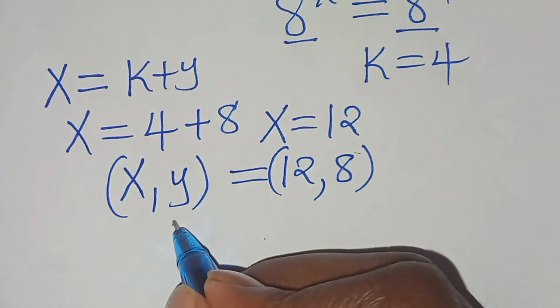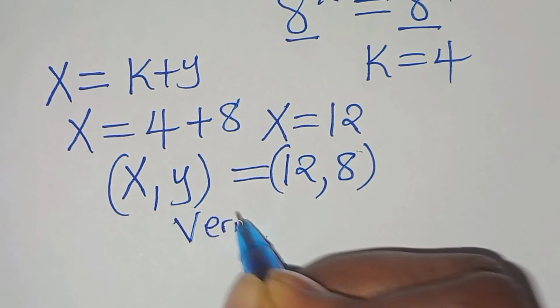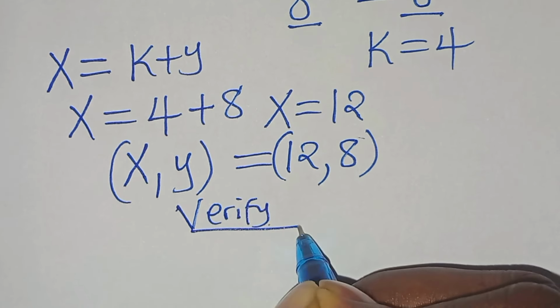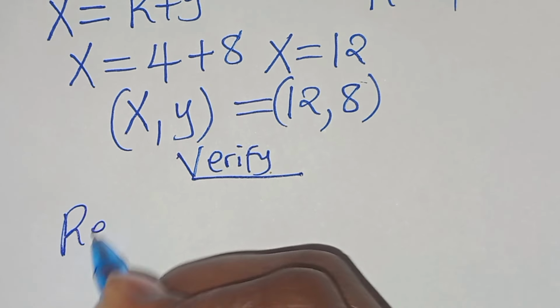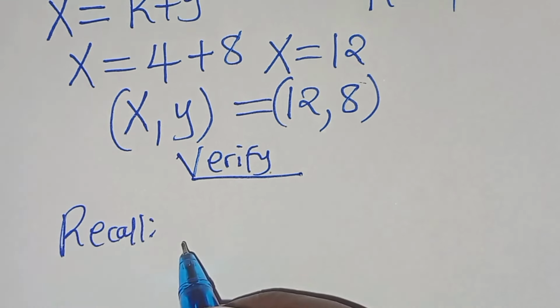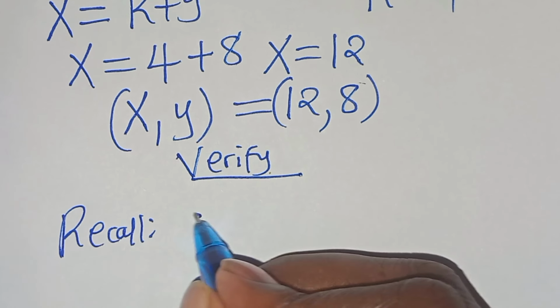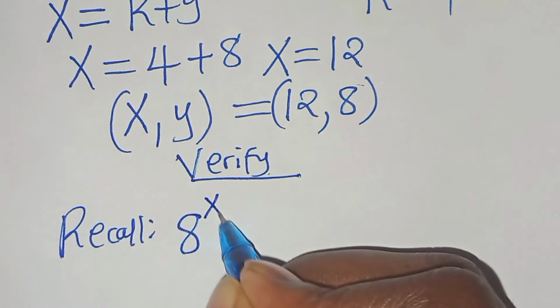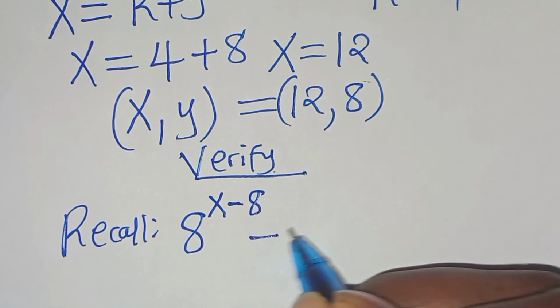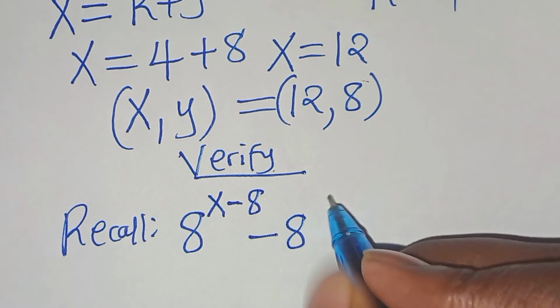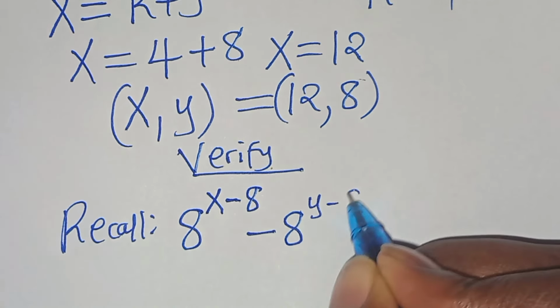The next step is to verify. Let's verify. Now, if you recall, we have 8 to the power of x minus 8, then subtract 8 to the power of y minus 8.